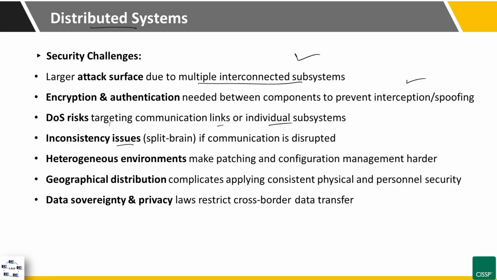There are inconsistency issues, that is, split brain issues between different systems if communication between them is disrupted. Heterogeneous environments make patching and configuration management harder. Geographical distribution complicates applying consistent physical and personnel security, and data sovereignty and privacy laws restrict cross-border data transfer.